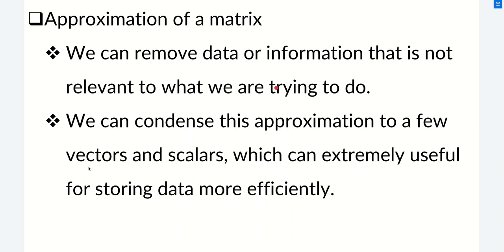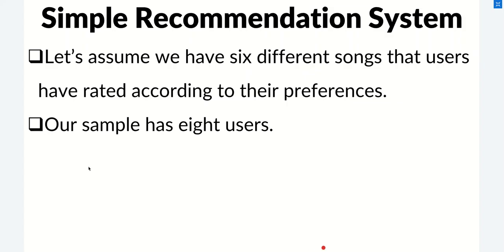Although we are condensing and removing the irrelevant ones, we are approximating our data, but it's able to work efficiently. And that is what principal component analysis relies on. So we've seen the application of SVD, creating latent variables, and also creating matrix approximation.